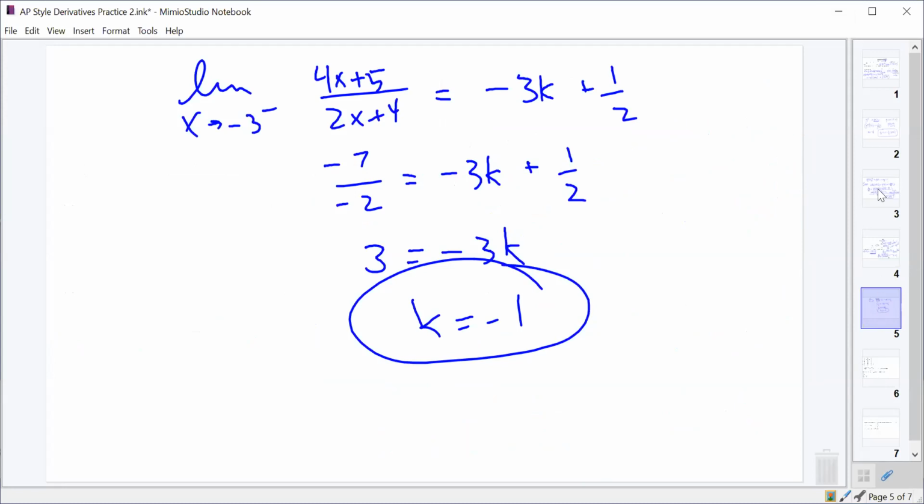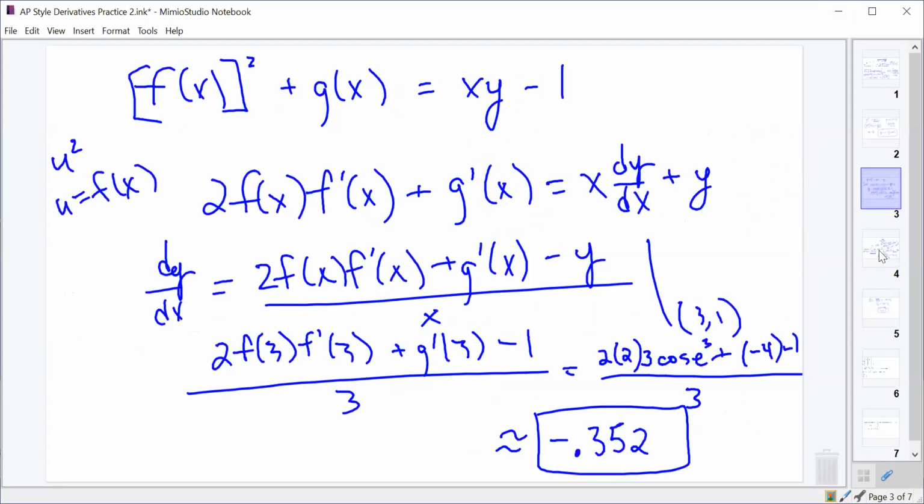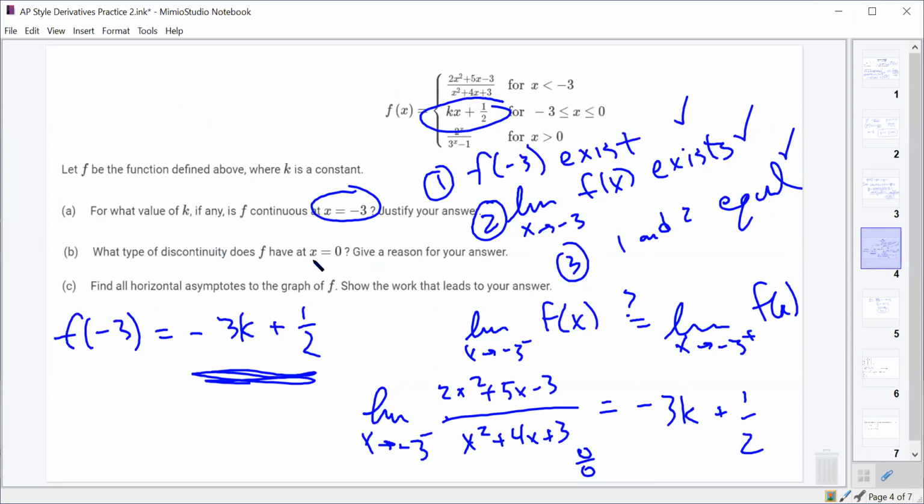Cool. All right, let's take a look at part B. We want to know what type of discontinuity f has at x equals 0. So as we are coming into 0 from the left-hand side, we're just looking at a function that is just a straight solid line. True? Right, kx plus a half if x is less than 0. As we come in from the left-hand side, it's just a half.